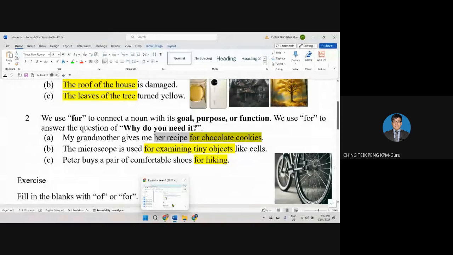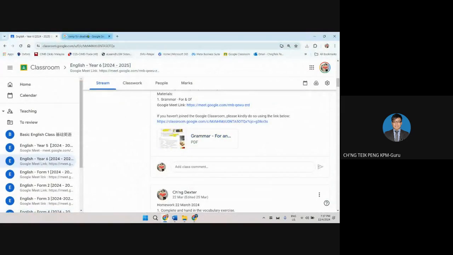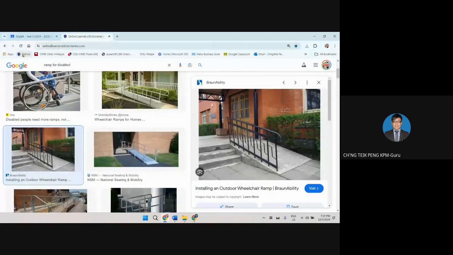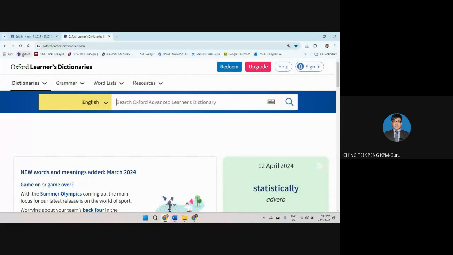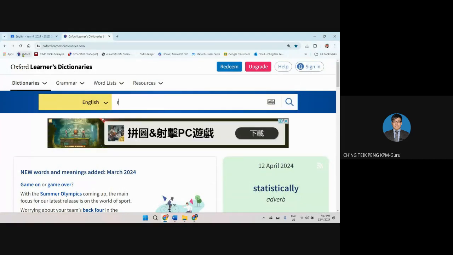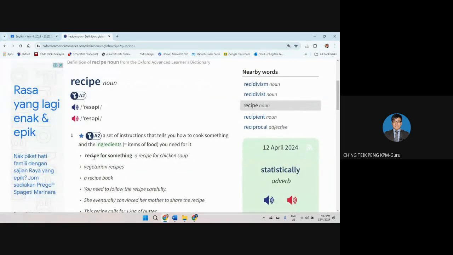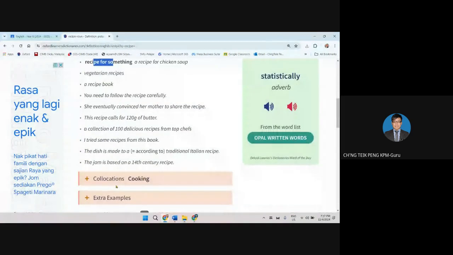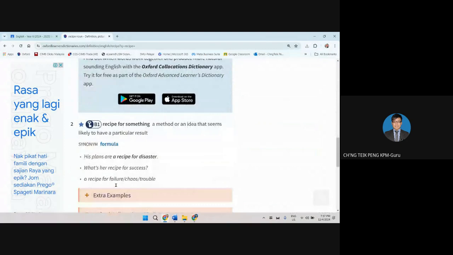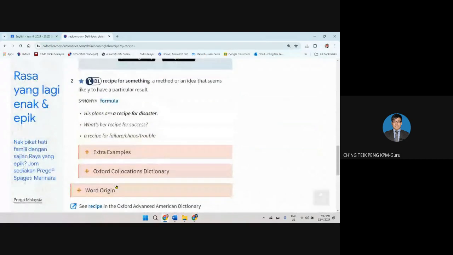Some nouns can take both for and of, but some cannot, so we have to check. Look at recipe. You see, we have recipe for something, and then we scroll down to see if we have recipe of. Too bad, we don't have.